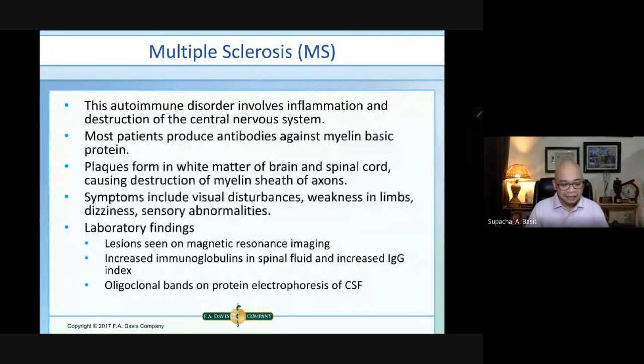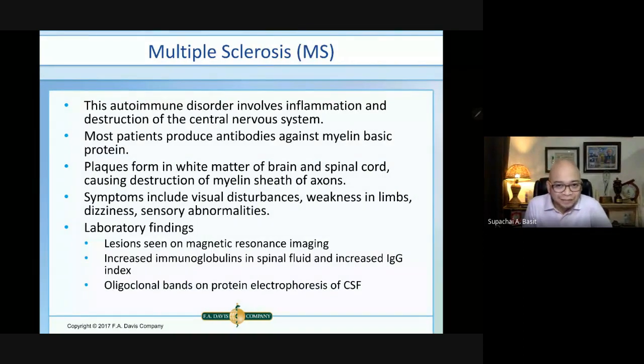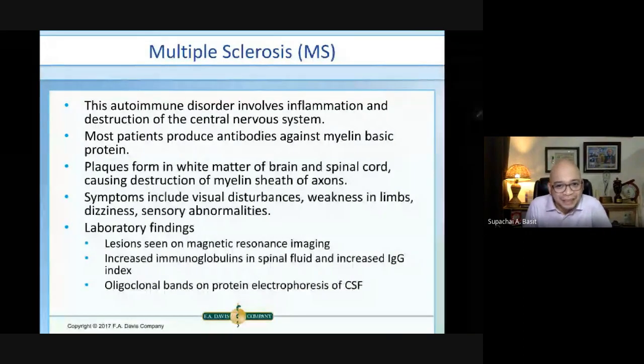Okay, so most patients produce antibodies against the myelin basic proteins, and plaques are formed in white matter of the brain and spinal cord, causing destruction of the myelin sheath of axons.